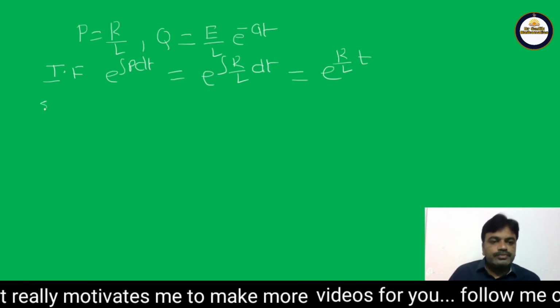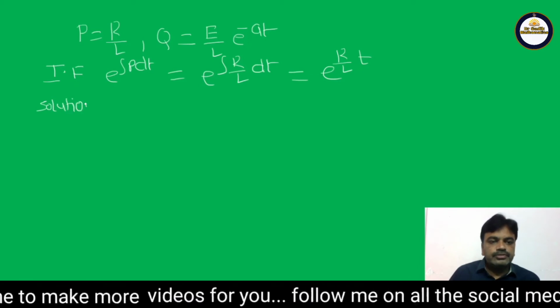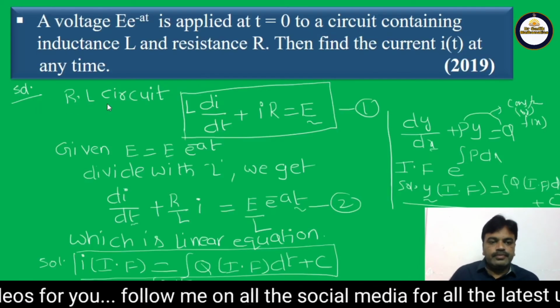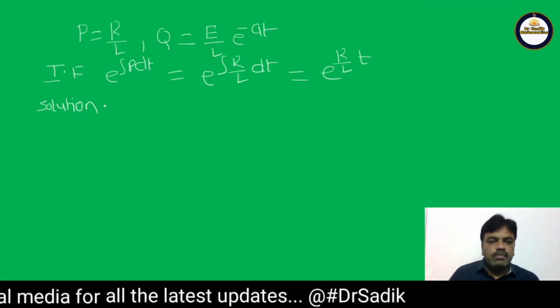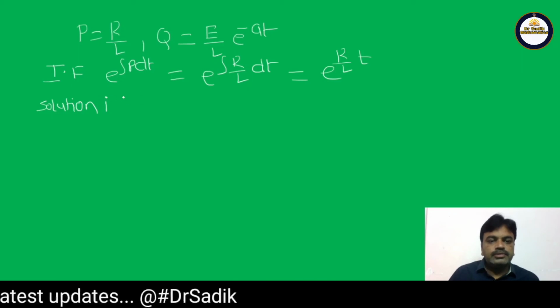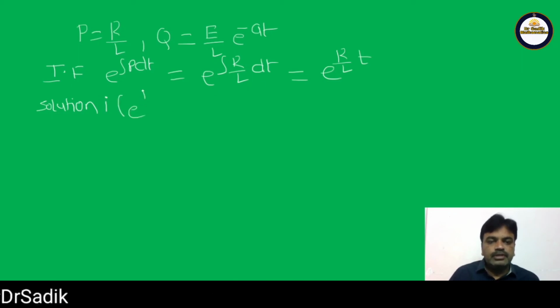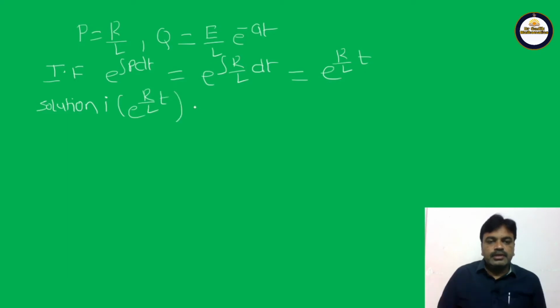So what is the solution? I into the integrating factor, e power R by L into t, is equal to the integral of q, which is E by L e power minus at, into the integrating factor e power R by L into t, dt, plus c.